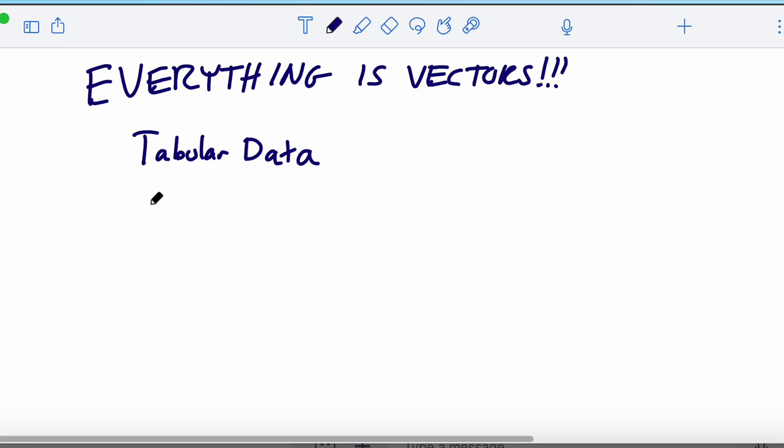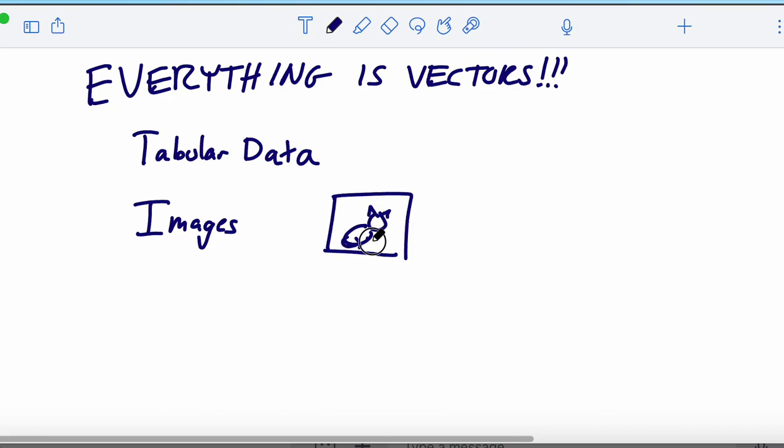But other things, like images, like a picture of a cat. Let's try a picture of a cat. Here's my cat. That you can also think of as a vector. Or this one, which is the latest fashion in the last 2 years, is words or sentences, natural human text. You can also think of as a vector.